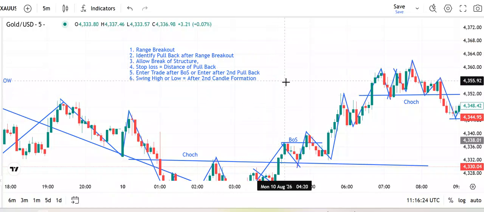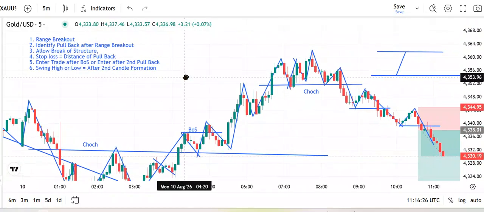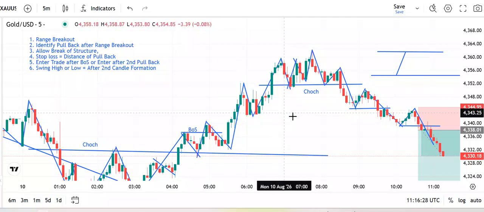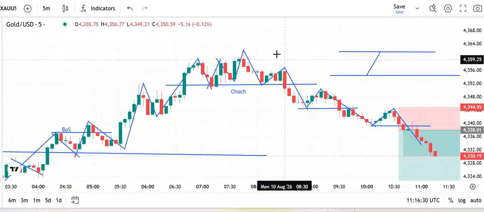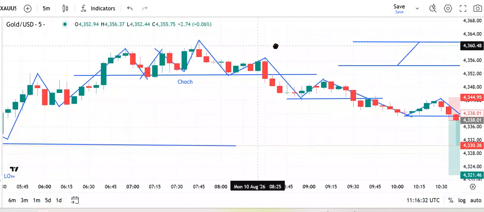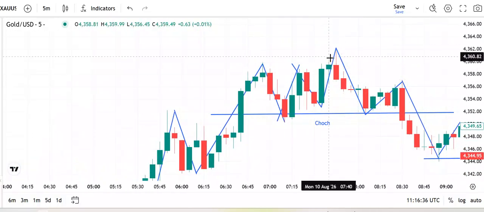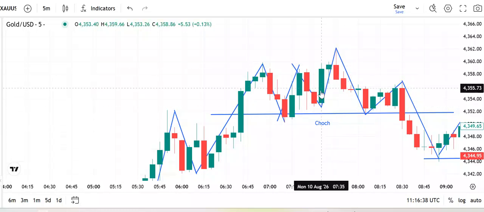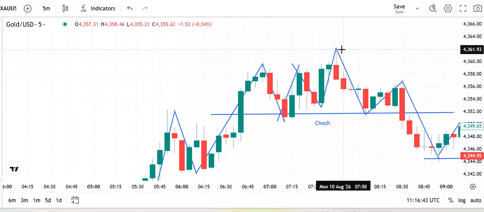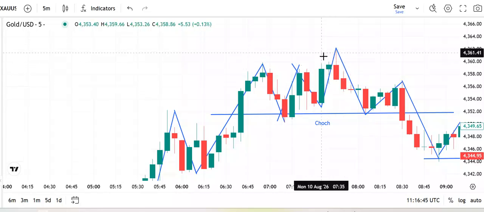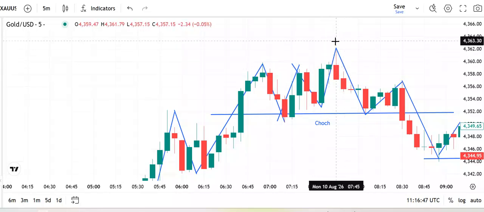Okay, so what does that mean? If you look at the top, okay, 1 2, these 2 bullish candles, this particular point is your swing high.